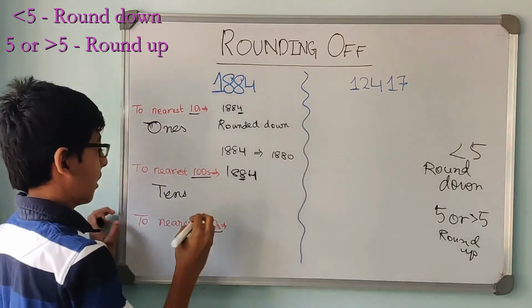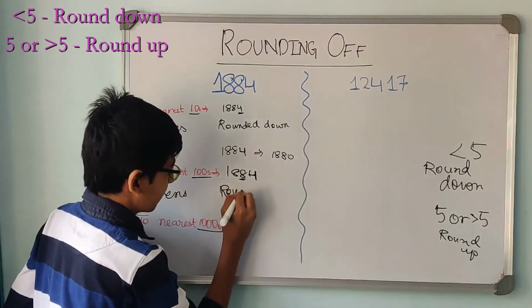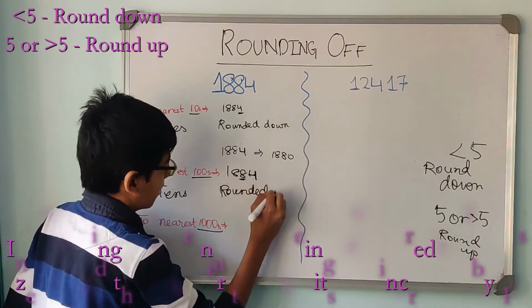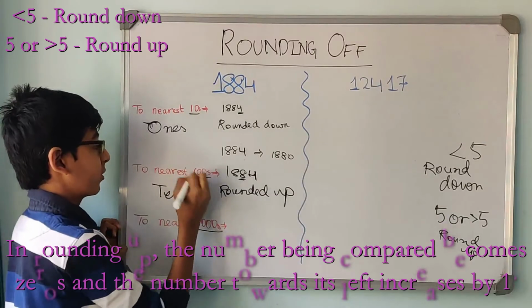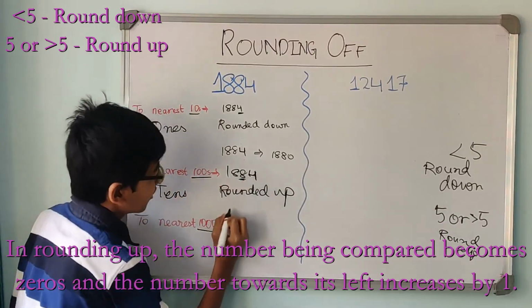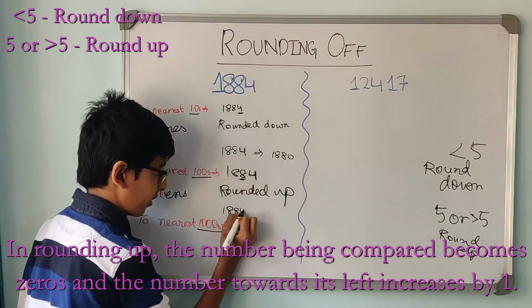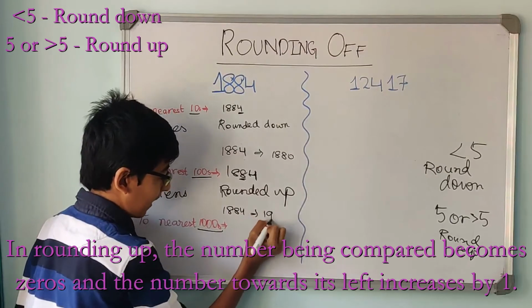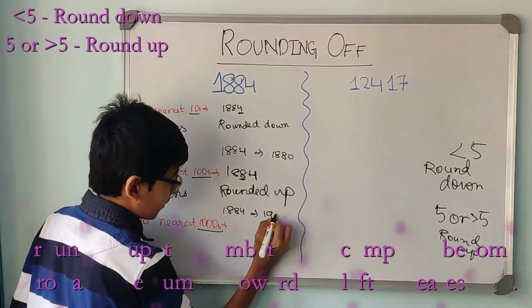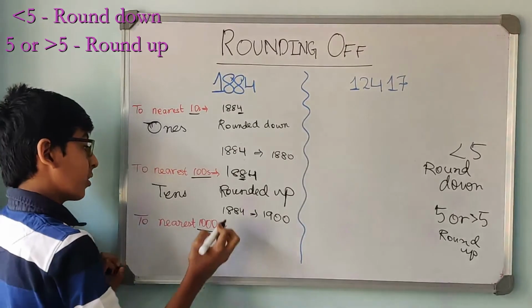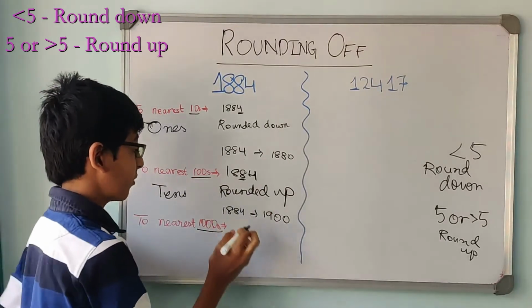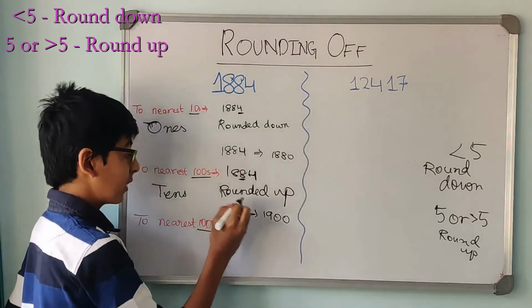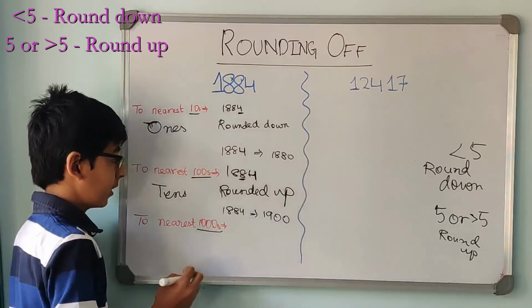So in rounding up, what happens is that over here, we are rounding to the nearest hundred. So the digit in the hundreds place increases by 1 and then all the other numbers towards the right become zeros. So in rounding up, our approximate value is more than the actual value.